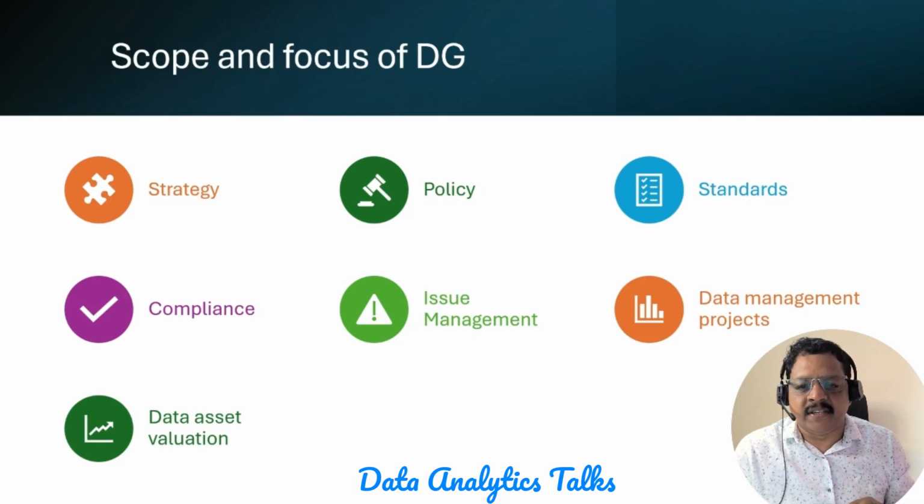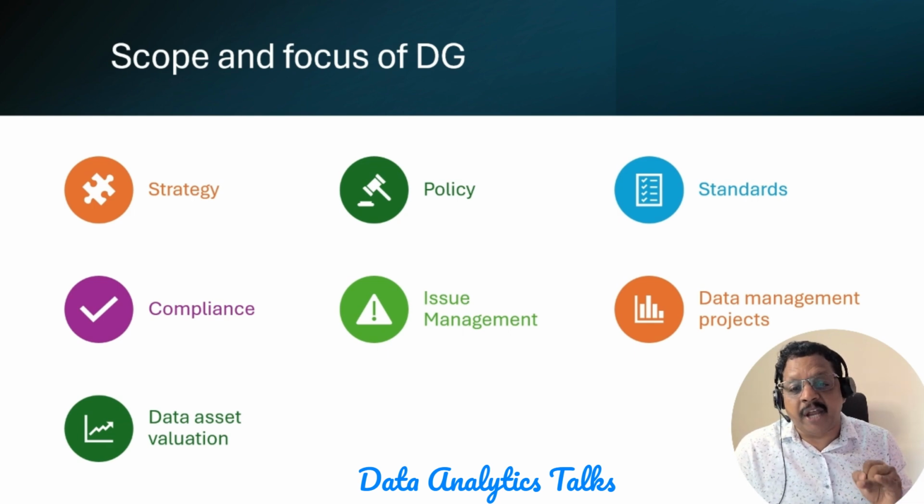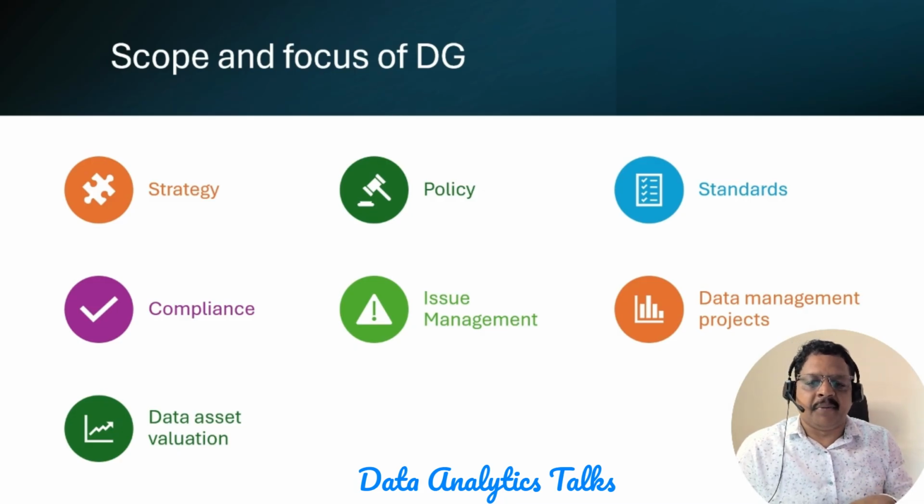Then third is standards, setting and enforcing data management standards. The fourth one is oversight, providing hands-on observation, audit, and correction in key data management areas like quality, privacy, security, and data management policies and procedures.